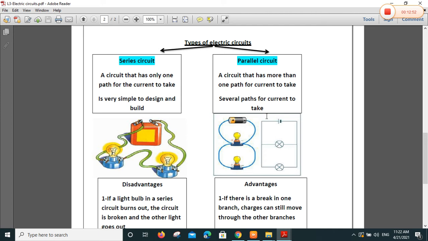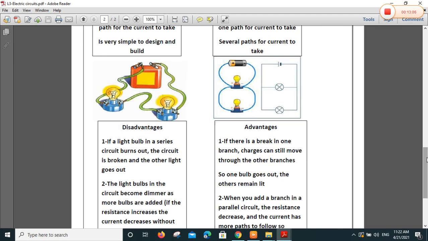What about parallel connection? Look at the parallel, a circuit that has more than one path. This is 2 paths. If you add more bulbs, we make a 3rd path, and so on. Several paths for current to take. Is there any disadvantage for this connection? No, we have advantages.